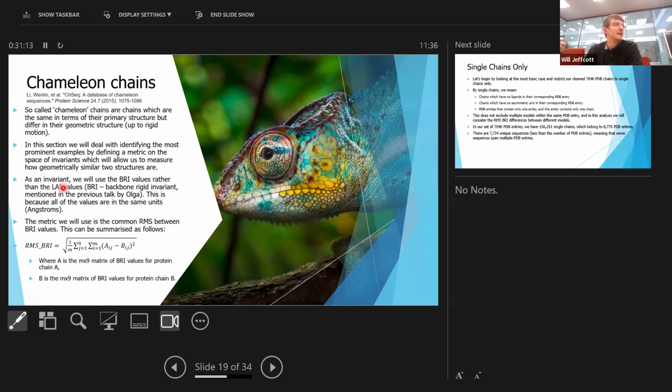It's much easier to use BRI because they're all in the same units. So we'll use this metric that was previously defined, the RMS BRI, where we can look at how similar two BRI values are by looking at their BRI matrices.